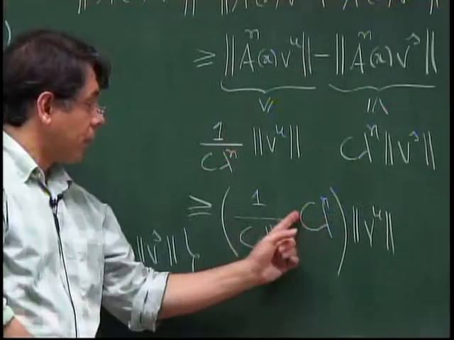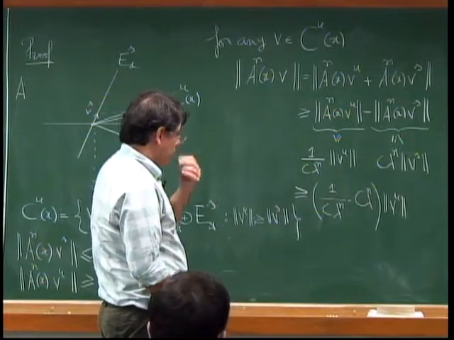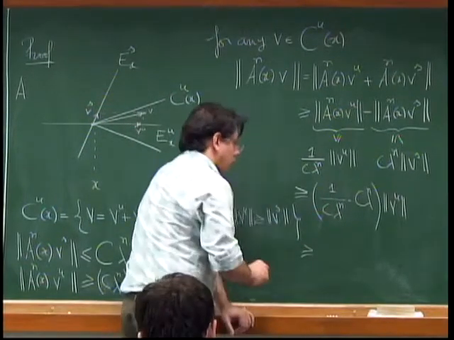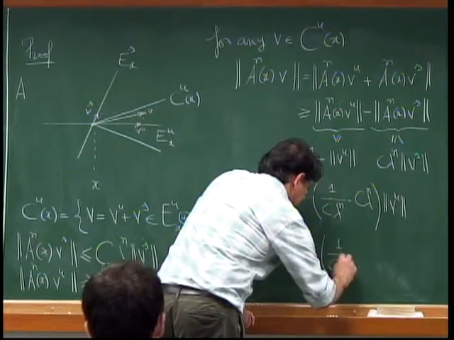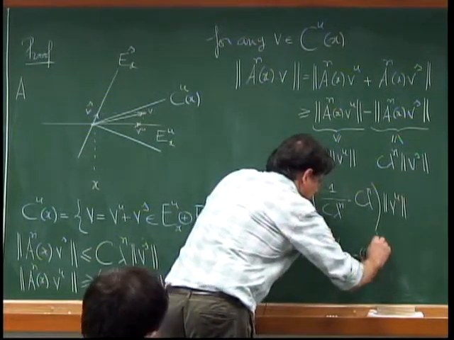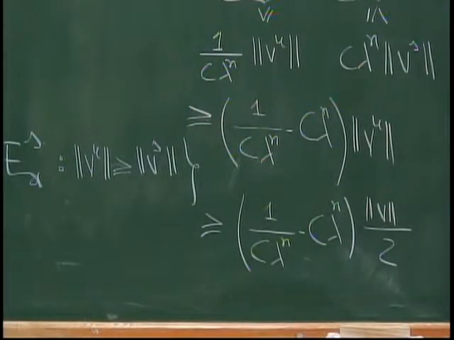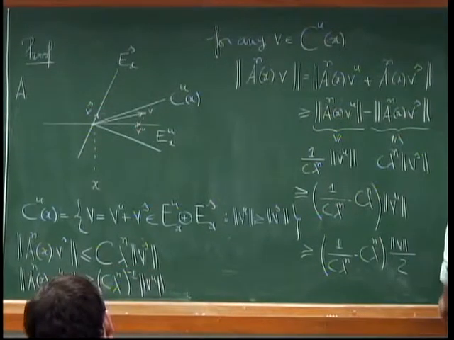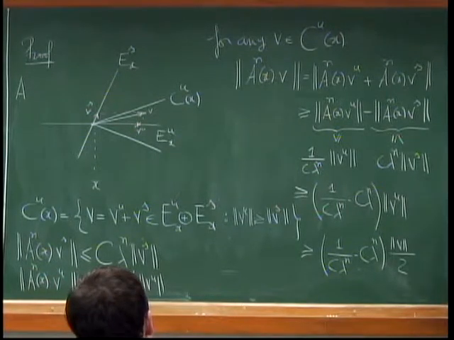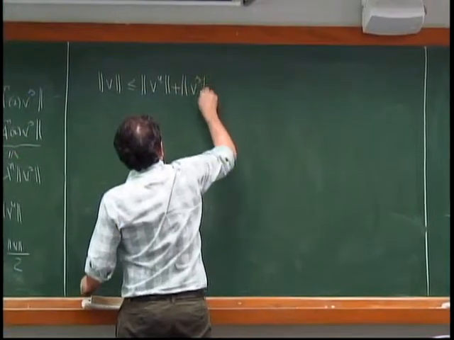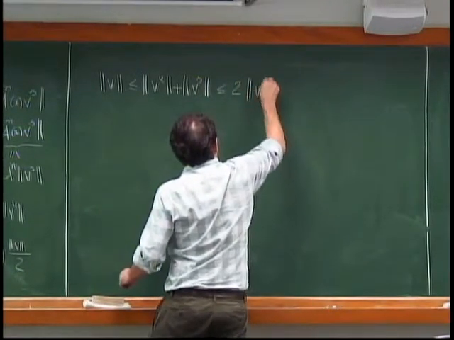This is very small. I still want to do one little extra step. I'm going to say that this is bigger than (1 over C lambda^n minus C lambda^n) times the norm of v over 2. Why can I do that? Because, of course, the norm of v is smaller than the norm of v_u plus the norm of v_s, which is smaller than 2 times the norm of v_u.